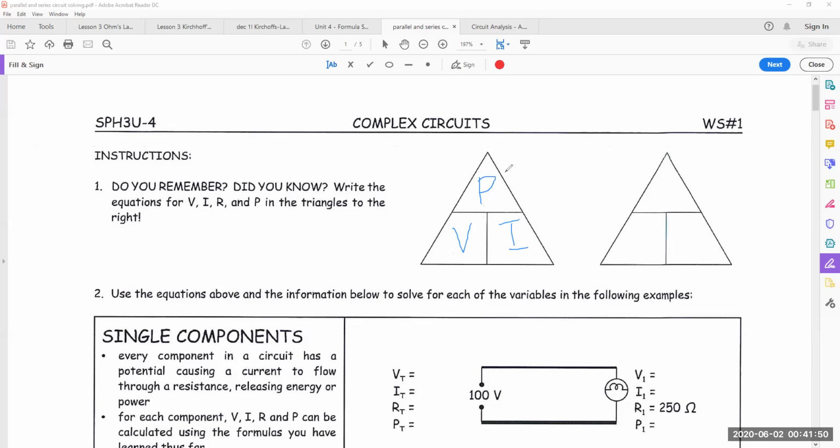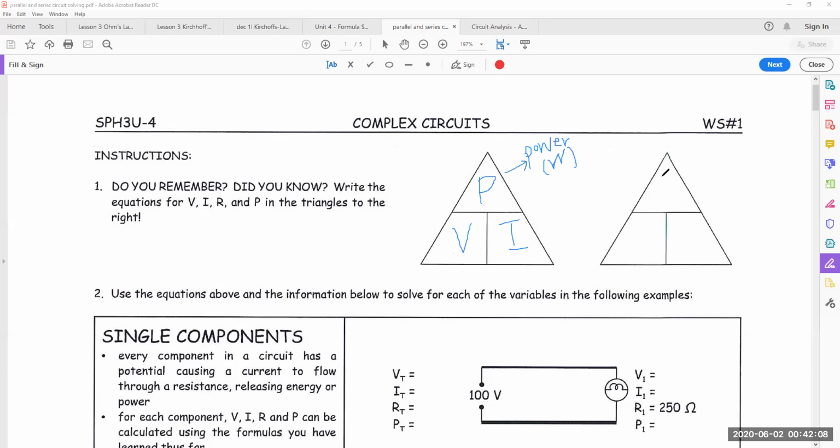One is power, so that's your power, just like any other power we learned so far. And the unit for power is watts. And then this one is voltage and current.